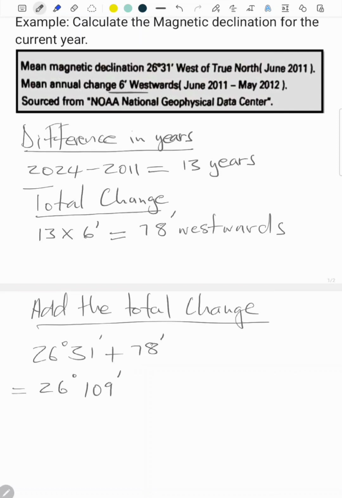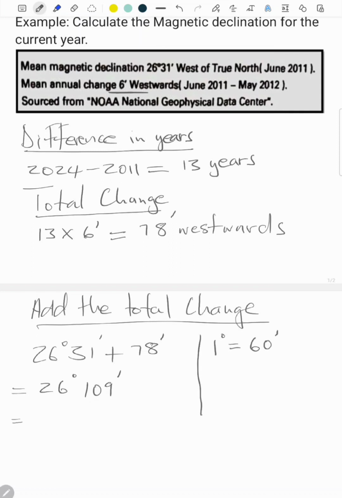And then remember this information. I'm going to write it from the side. Remember that 1 degree equals 60 minutes. So because 1 degree equals 60 minutes, it simply means that we can subtract 60 minutes from this 109.